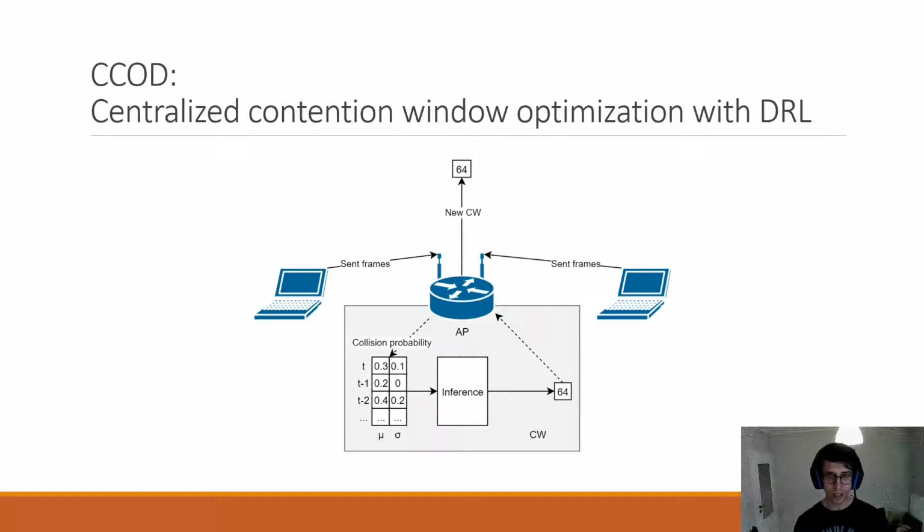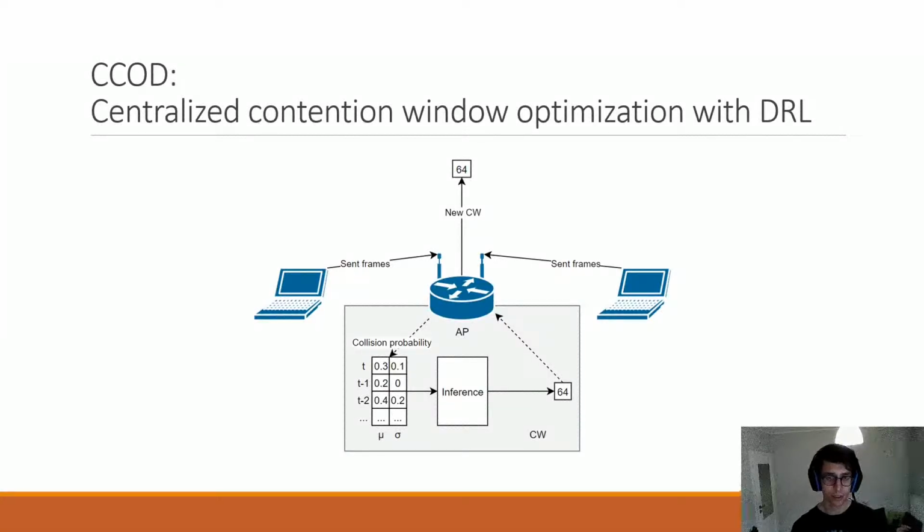CCOD solves the CW optimization problem by using a deep reinforcement learning agent that is located in the access point.